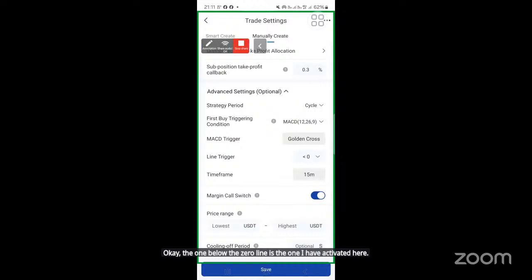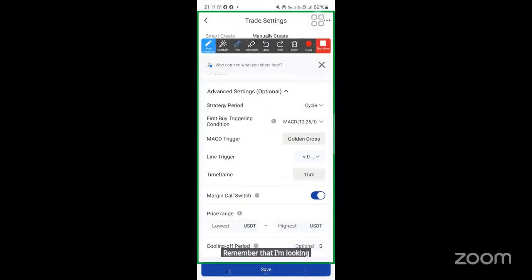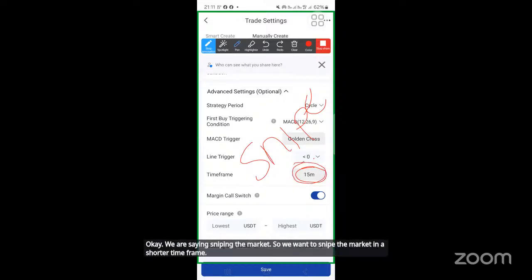Remember that I'm looking at this in a 15 minutes time frame. If you saw the link, it was saying sniping the market. So we want to snipe the market in a shorter time frame, in 15 minutes.